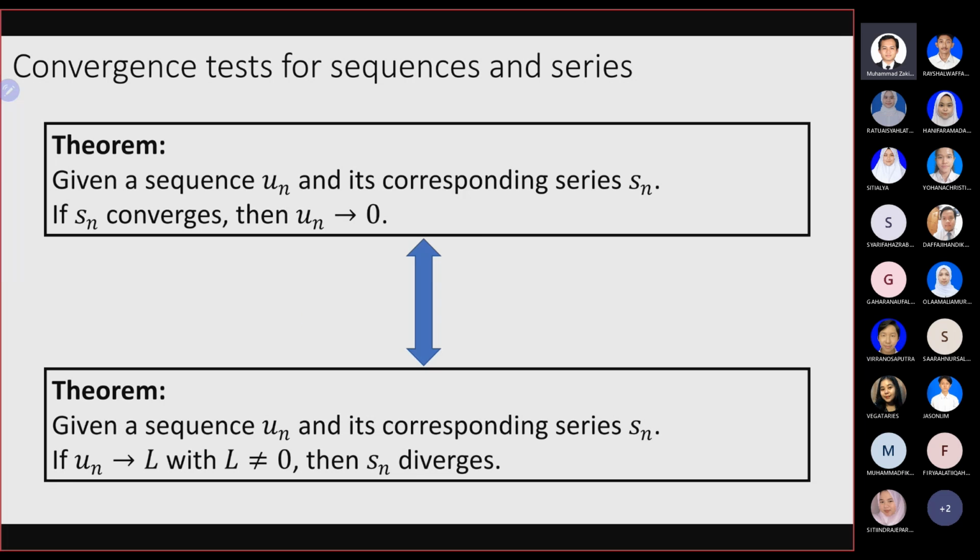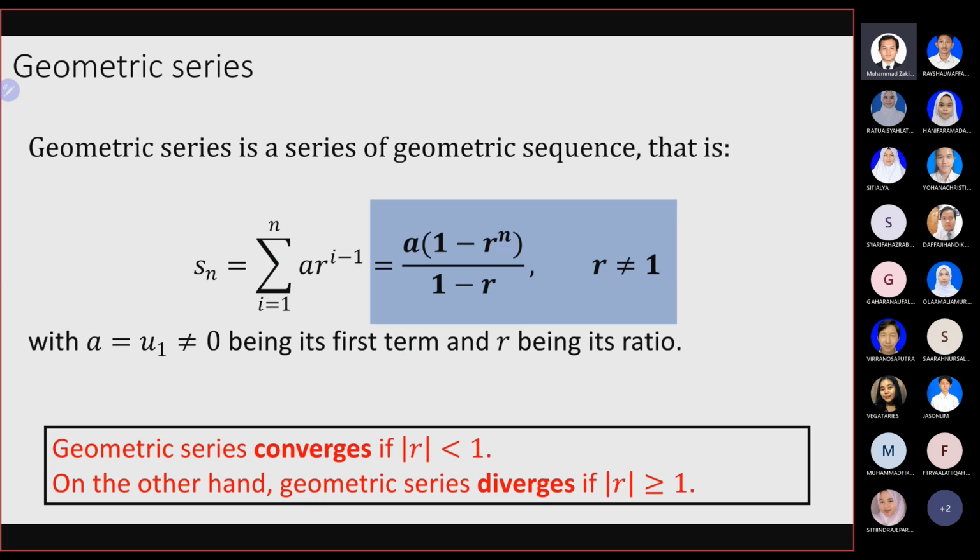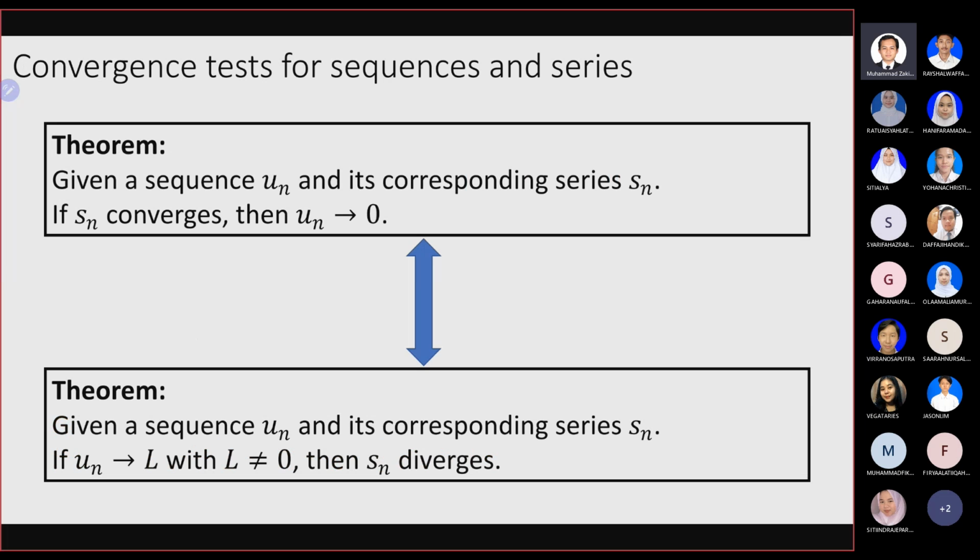Jadi pada dasarnya idenya dari sini sebenarnya. Ya. Kalau kita lihat ya, deret geometri itu konvergen kalau mutlak rasionya kurang dari 1. Ya. Kalau mutlak rasionya kurang dari 1, berarti barisan geometrinya itu lama-kelamaan akan 0. Nah, di sini makanya kita punya teorema ini ya.